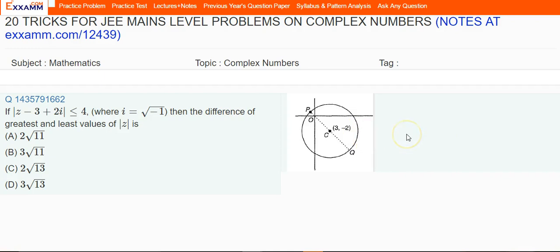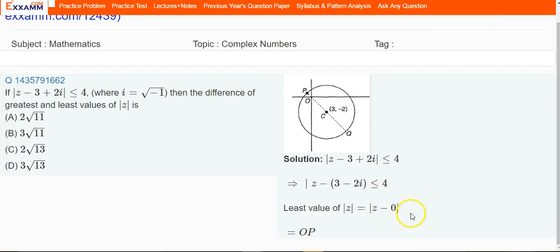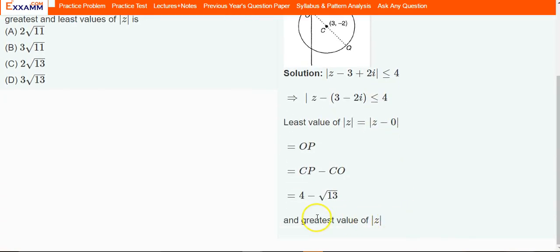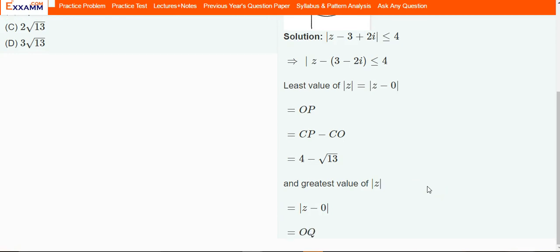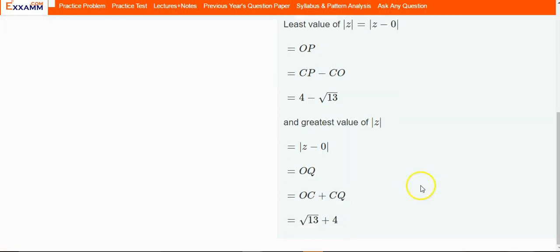So root of 13. So what would be the answer? We get the answer as 4 minus root 13, since the radius is 4 and OC is root 13. So 4 minus root 13 is the lowest distance, and the greatest is 4 plus root 13.